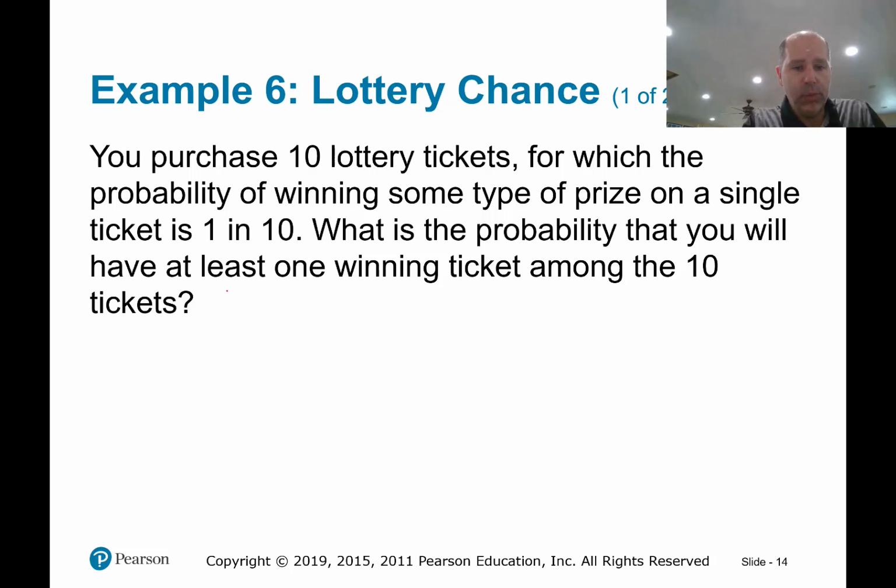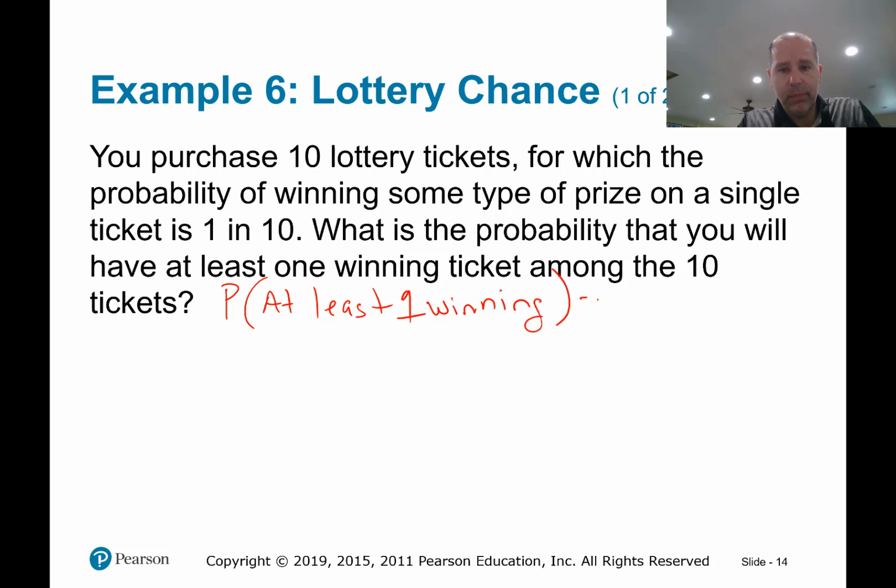So we want the probability of at least one winning ticket, right? And that's going to be equal to 1 minus the probability of no winning tickets.